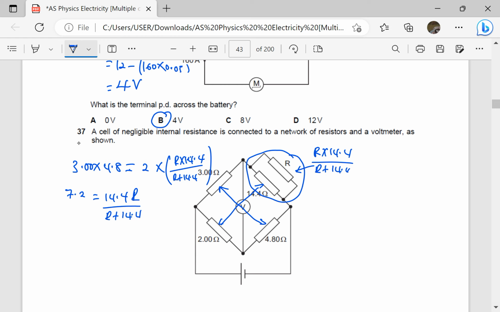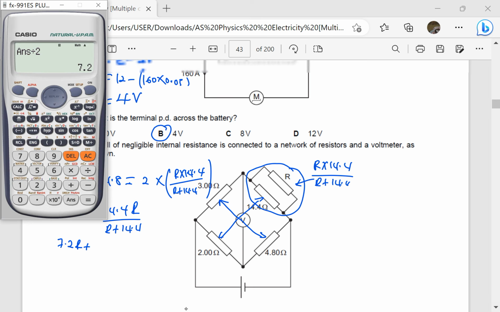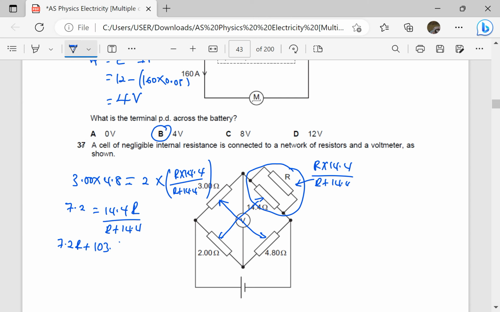So you just collect like terms. So you have 7.2 R plus 14.4 times 7.2, which is 103.68, is equal to 14.4 times R.